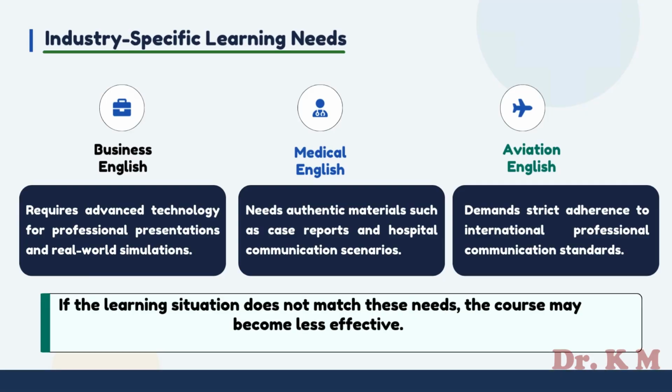For example, a business English course may require technology for presentations and simulations. A medical English course may need authentic materials such as case reports or hospital communication scenarios. An English for aviation course may require strict adherence to professional communication standards. If the learning situation does not match these needs, the course may become less effective. That is why learning situation analysis is a necessary part of ESP planning.